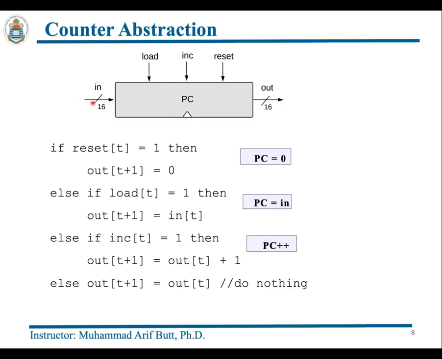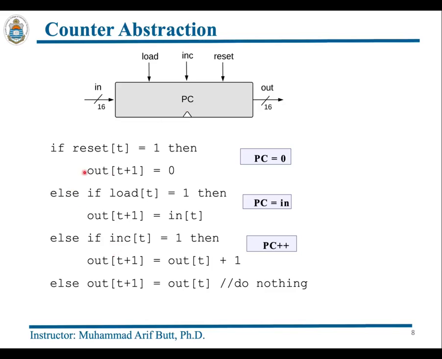Other than this 16-bit input, it has 3 single-bit inputs as well. The load input is used to load a new value inside this register. The increment input is used to increment the existing value of this register by 1. And the reset input. If this reset bit is 1, that means we want to set this PC to a value of 0.